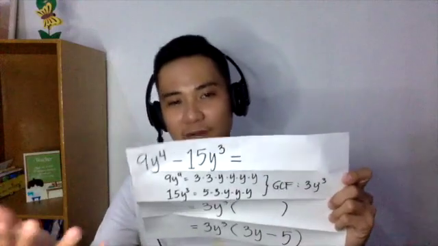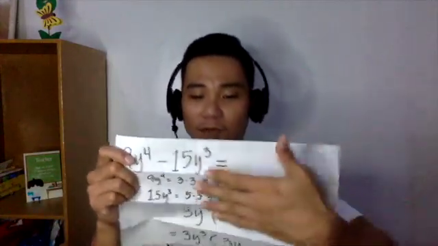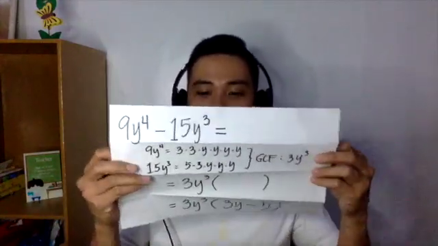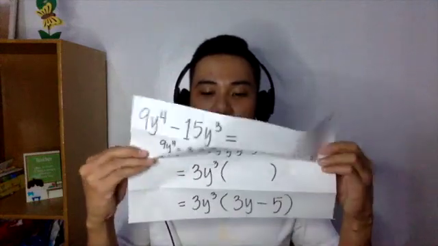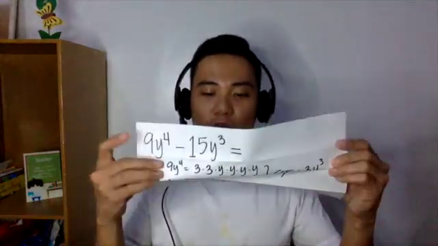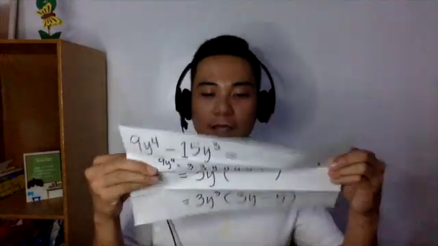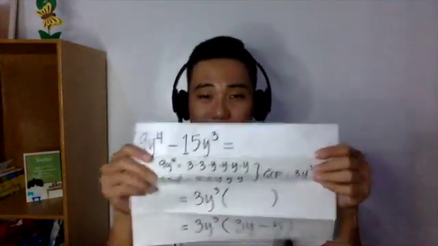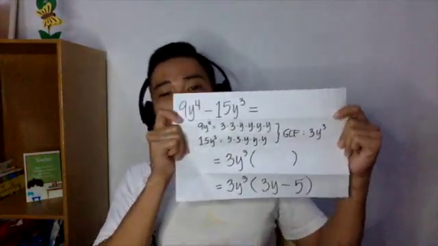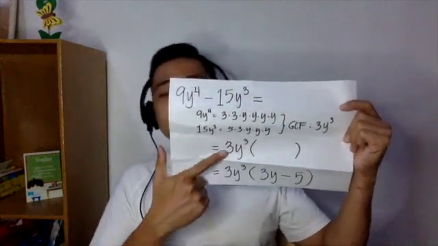What about the other methods? What if you don't write the prime factorization? How are we supposed to identify the second factor using the first factor, which is 3y cubed?